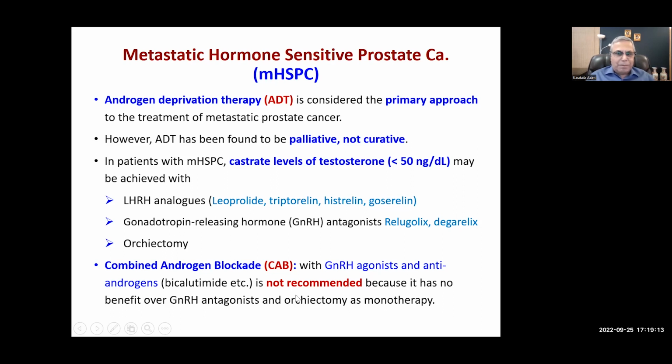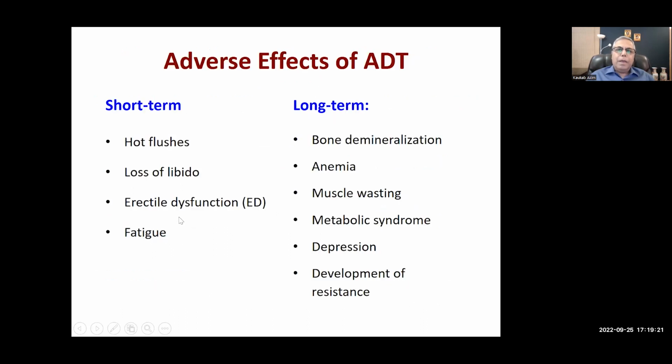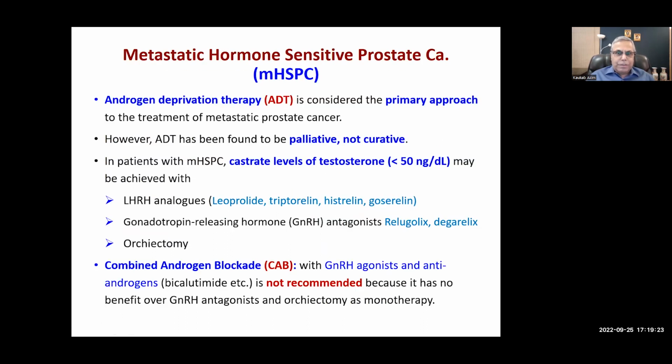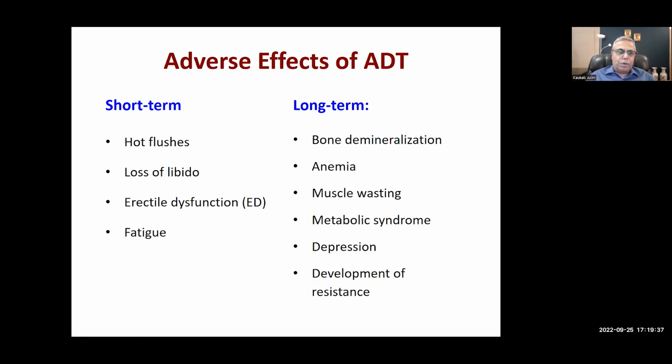But this is not recommended because it has got more side effects and it is not more effective than these therapies alone. Okay, what are the adverse effects of androgen deprivation therapy? Now, androgen deprivation means the testosterone levels are below 50 nanogram. Okay, or they might fall to much lower than this if you do orchiectomy.